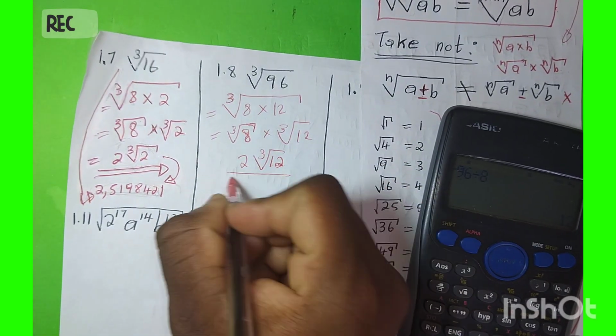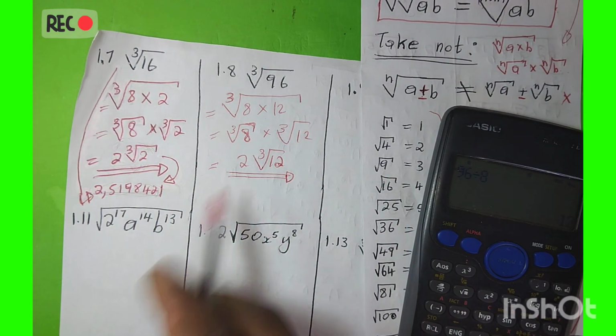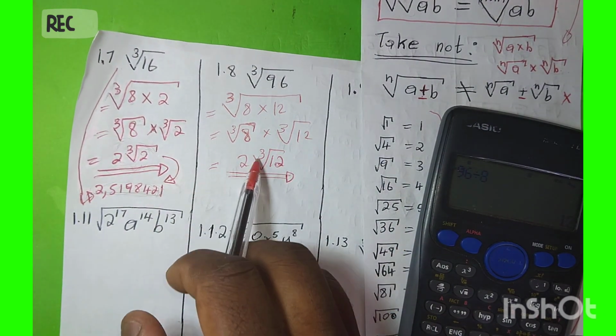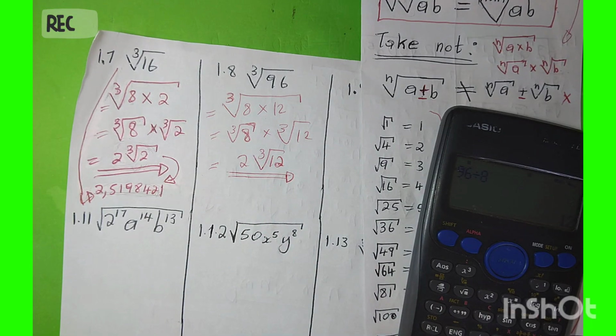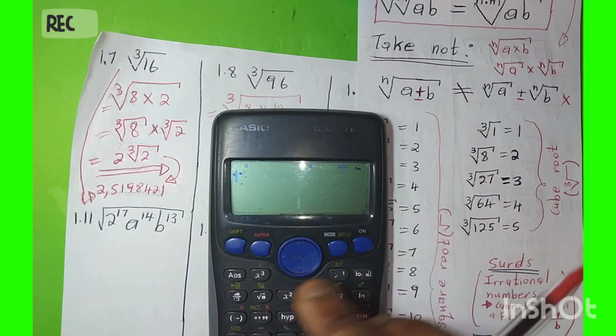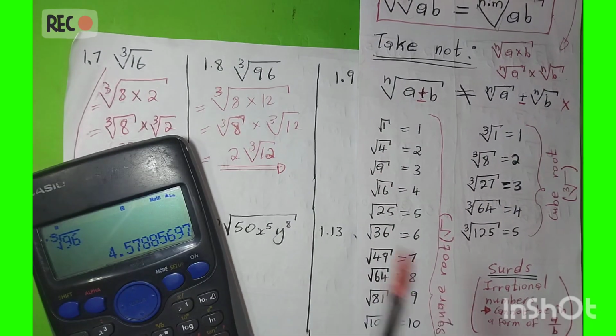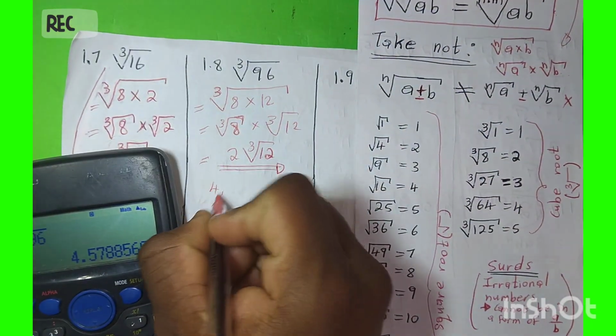Then you leave your answer like this. Don't try to be a genius and leave your answer in decimals. The moment you leave your answer in decimals, you show them that you have used a calculator. And if you want to confirm your answer, you press everything like this, 96, and it will give you some decimals.